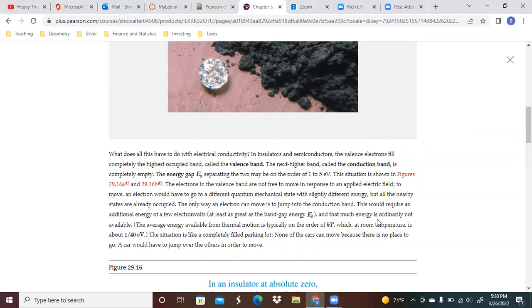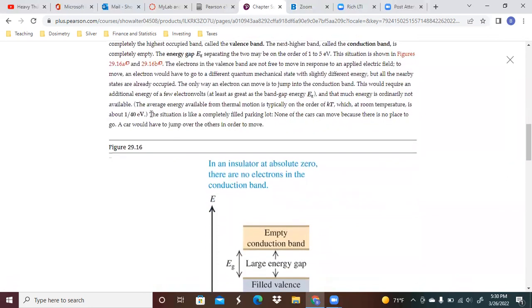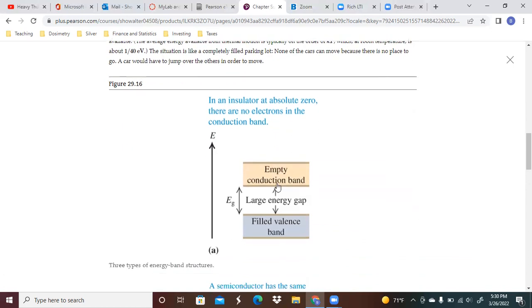This would require an additional energy of a few electron volts, and that much energy is ordinarily not available. The average energy available from thermal motion is roughly about 1/40th of an eV, which is not enough to get things moving. The situation is like a completely filled parking lot. None of the cars can move because there's no place to go, and a car would have to jump over the other cars in order to move.